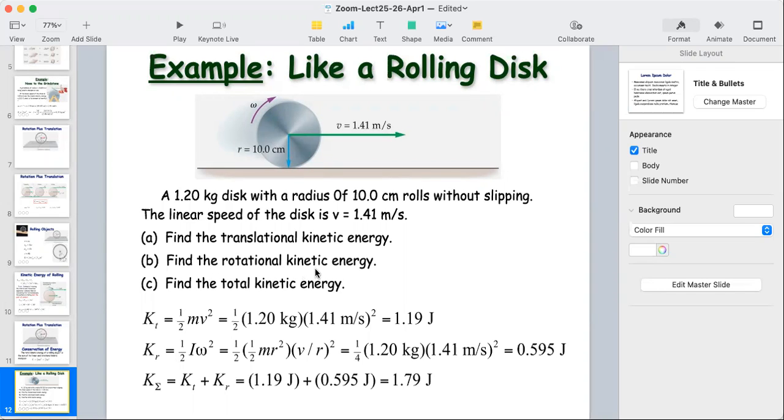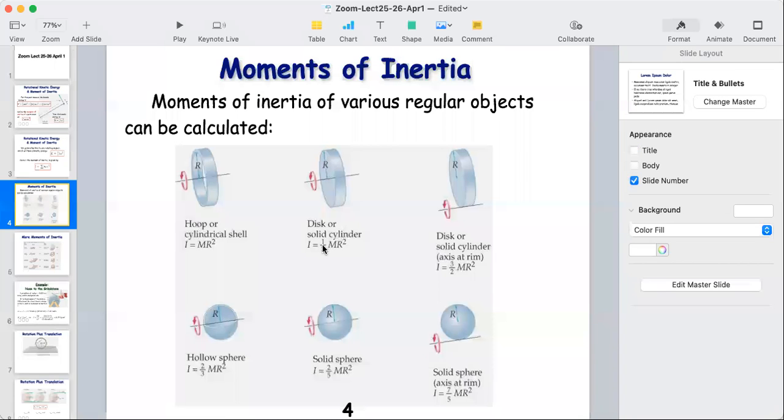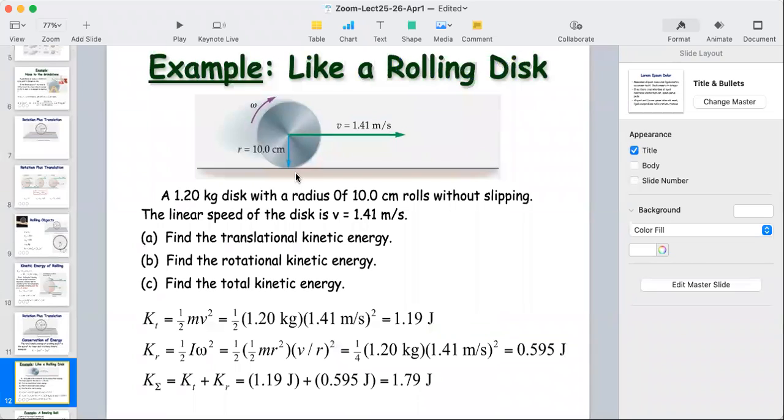Then find the rotational kinetic energy. In this case, I have 1/2 I omega squared. I need to look at the I of the disk. So we go back. It's 1/2 m r squared, right? A disk that is rotating around its axis. So here it is 1/2 m r squared, times omega squared.